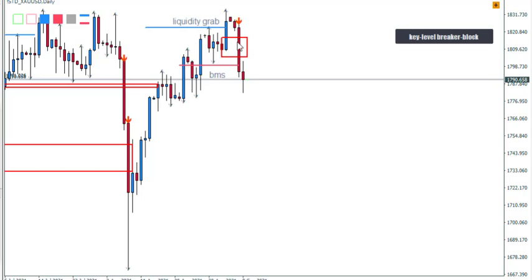This will be our entry, and we will target the imbalance below, or better yet the demand zone below it.